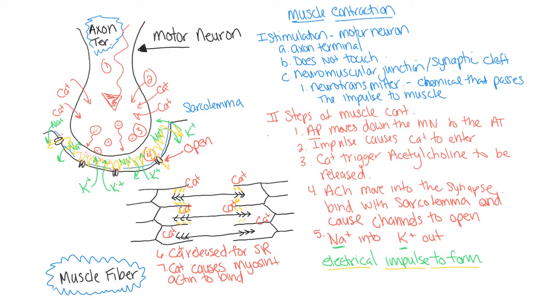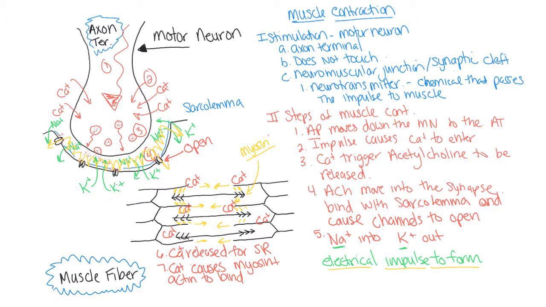And then these guys, the myosin, start to wave. When the myosin waves, it pulls the actin in this way. It's going to pull your actin in and cause the sarcomere to shorten.